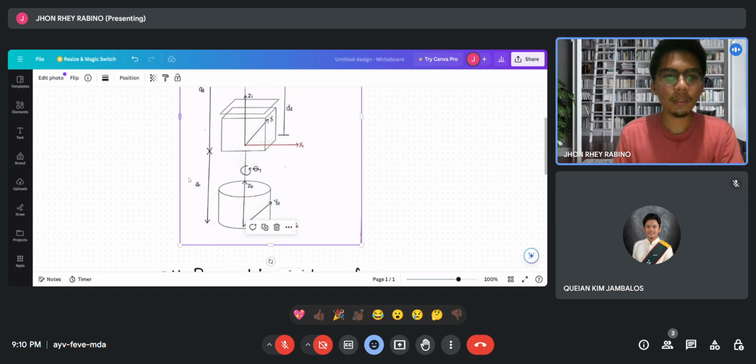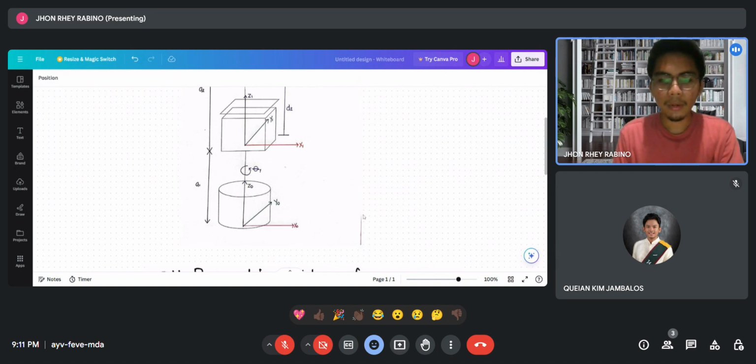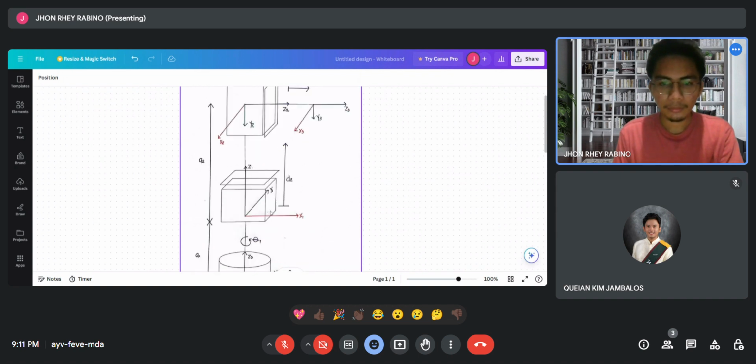Let's start at the base: z sub n minus 1 is z sub 0, x sub n minus 1 is x sub 0, and x sub n is x sub 1.